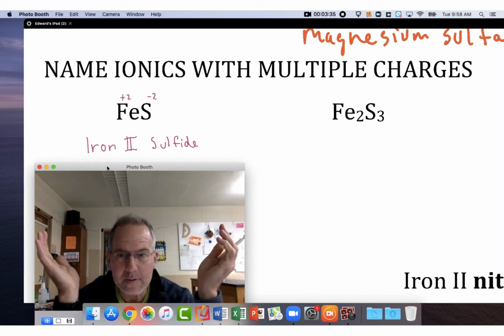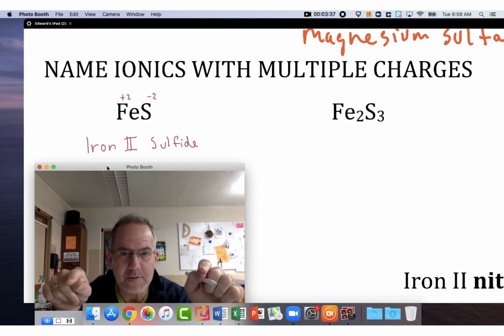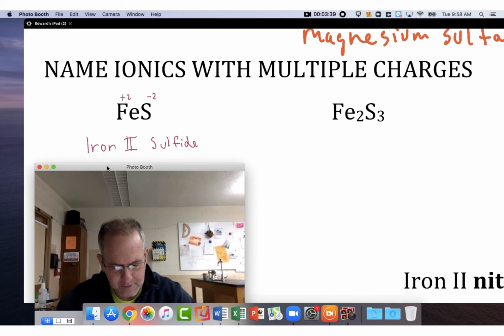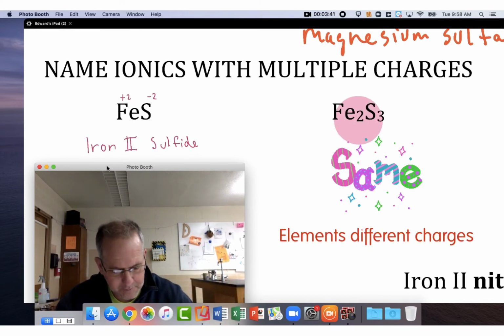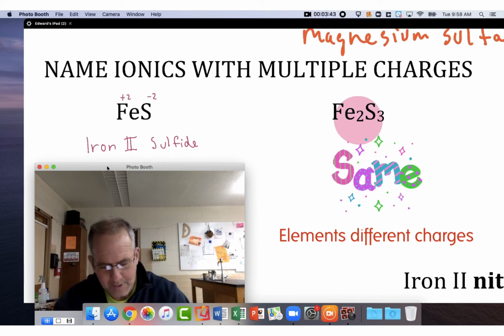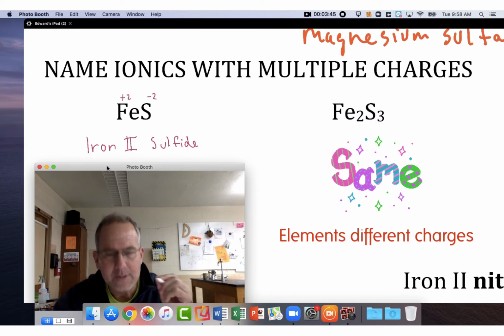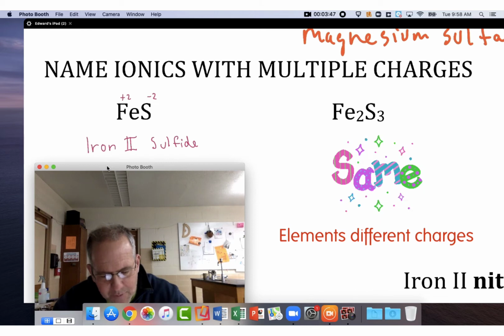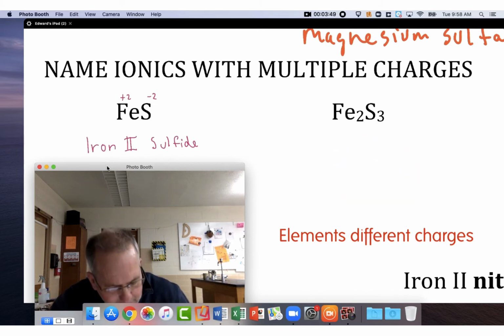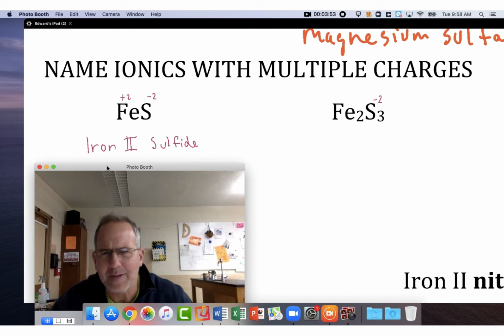Same elements. Look, the numbers are different though. Subscripts are different. We have a 2 and a 3, right? So let's do what we just did. So we're going to go back. And we know S is minus 2 because we already looked that up, but I have it written right there beside it.